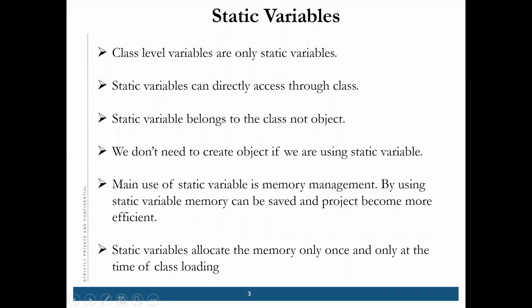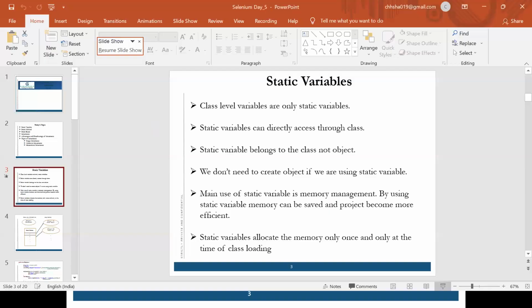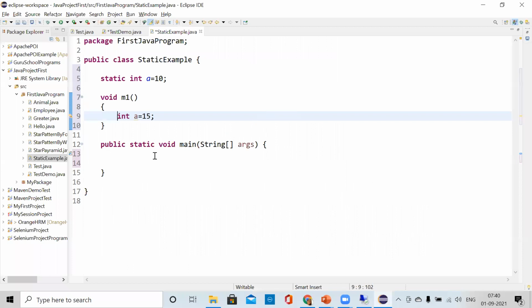Correct? We've just learned that. A static variable can be directly accessed through the class. Now what does this mean? It means without an object. Correct. That's the correct thing.